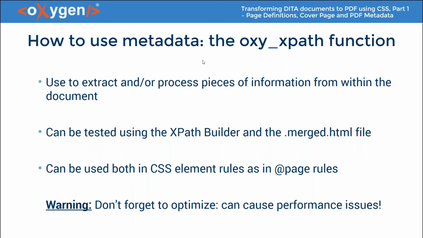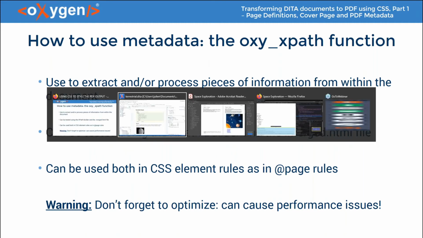The only problem you can create using the XPath function is that you must make sure your XPath is optimized, and don't forget to verify using the XPath builder that your query doesn't take long to be processed.